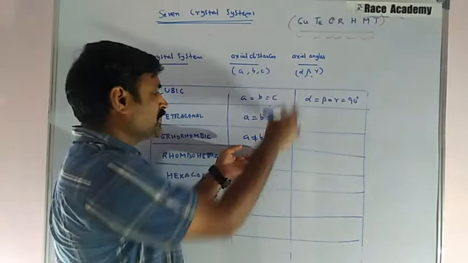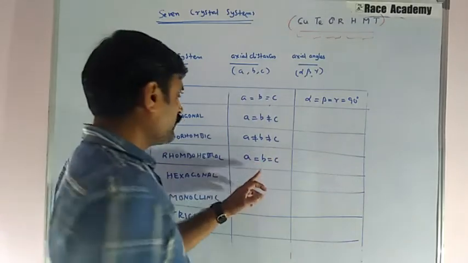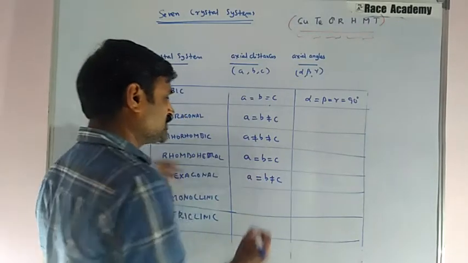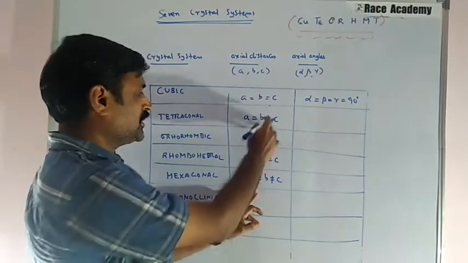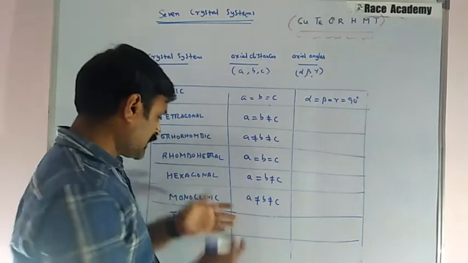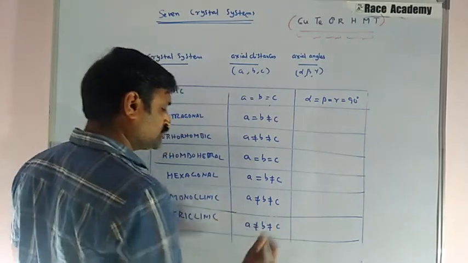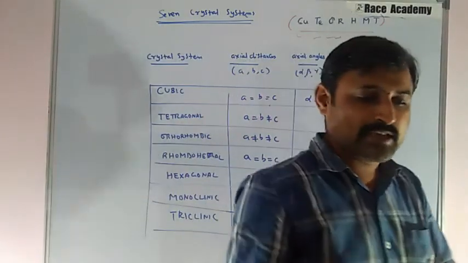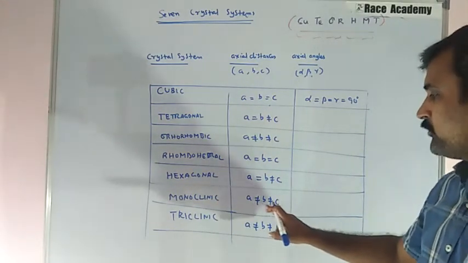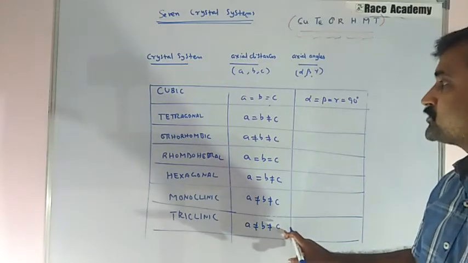Rhombohedral, so again you start from here: A equals B equals C. When you are talking about hexagonal, you repeat: A equals B not equal to C. Monoclinic, A not equal to B not equal to C. And the last one, triclinic, again A not equal to B not equal to C. You can check with the textbook you have been given.